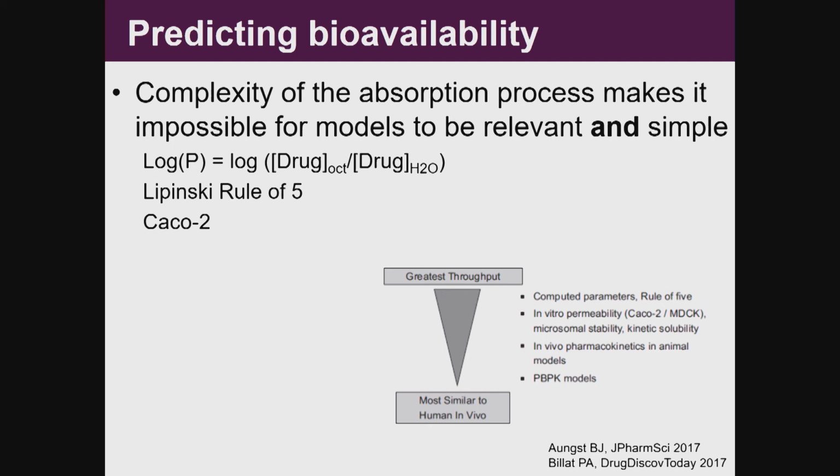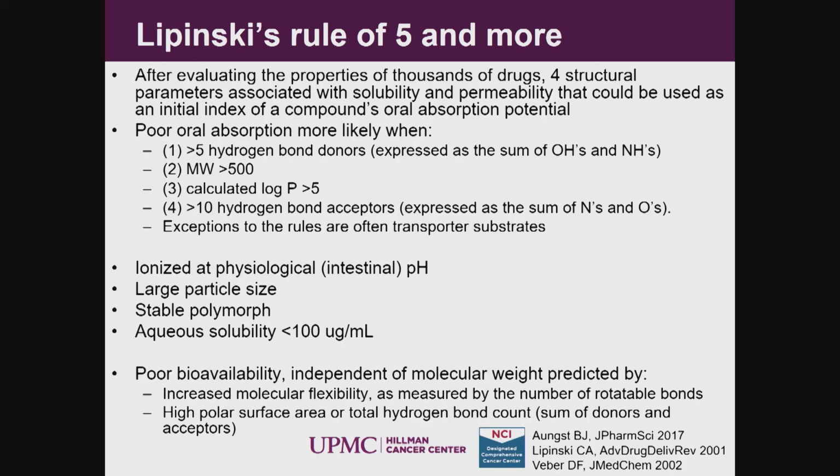Next, there's the Lipinski rule of 5 and the Caco-2 cell line system. And so these are models that are used by pharma to select lead compounds. So the Lipinski rule of 5 is listed here.